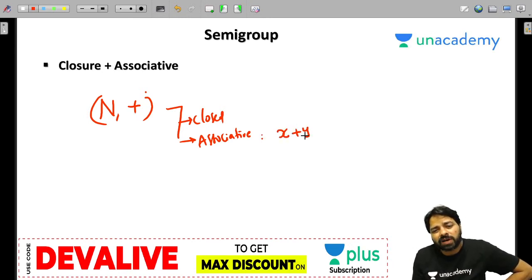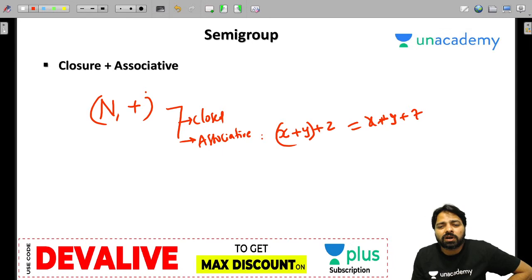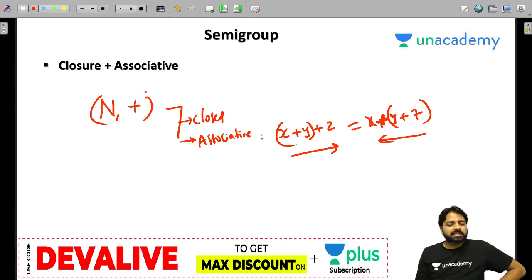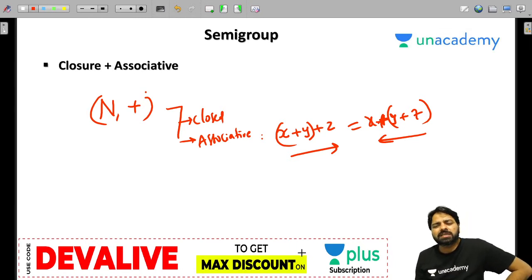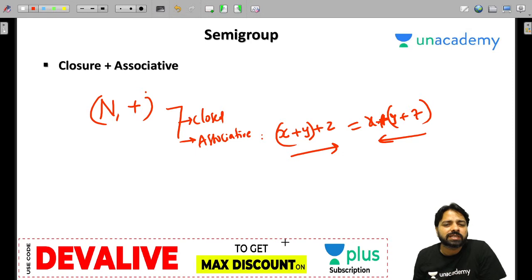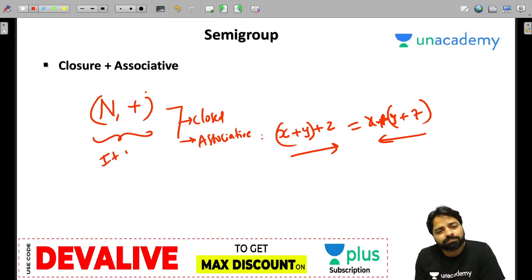X plus Y plus Z equals X plus Y plus Z. Is it true whether it is left to right or right to left? Yes. Any three elements, this is always true, so it is associative. So can we say semigroup? Yes, it is a semigroup.